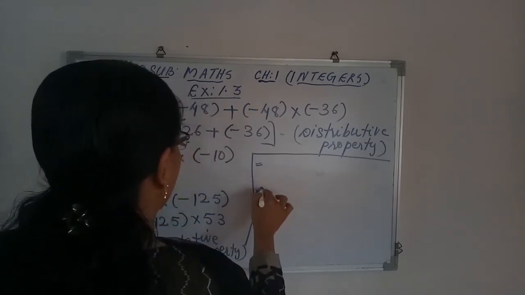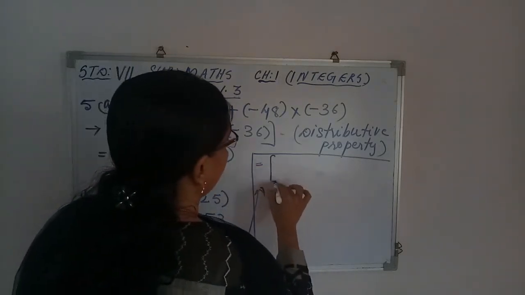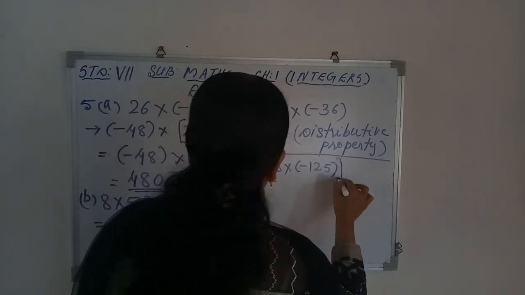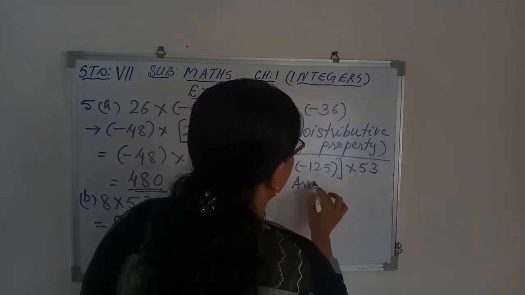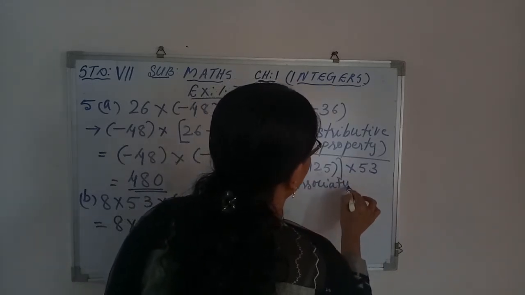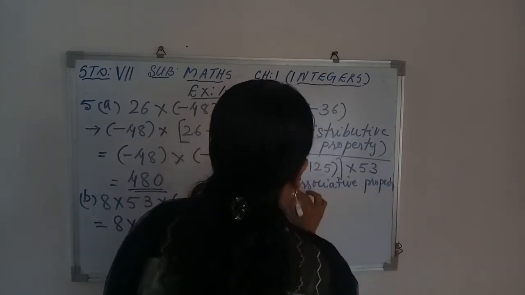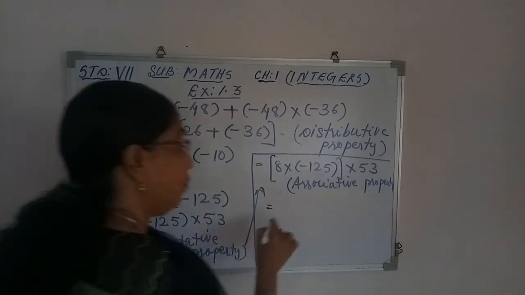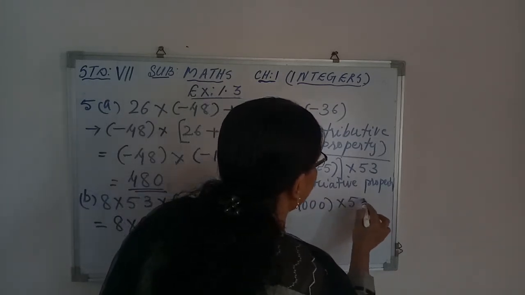Now, that's equal to, we can arrange it in groups. So first 8 into minus 125, multiplied by 53. Which property? Associative property, because we are arranging it in groups. Now, when you multiply 8 into minus 125, we get minus 1000 multiplied by 53.